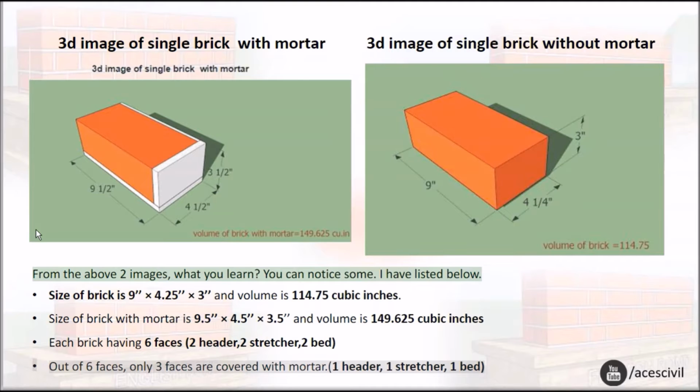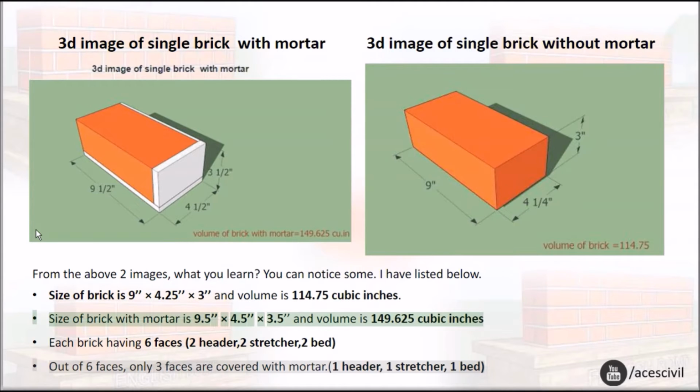From the above 2 images, what do you learn? You can notice some points, which I have listed below. Size of brick is 9 x 4.25 x 3 and volume is 114.75 cubic inches.